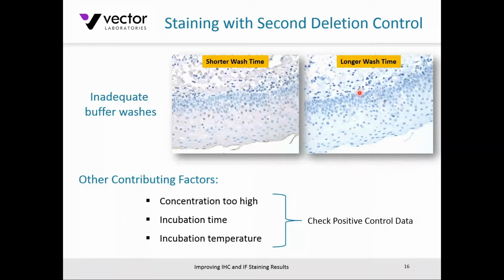It might clean up the background. Hopefully you can see that there's no given toning in this particular adjacent tissue section here. So just be aware of that. Some of the other contributing factors I mentioned, probably not going to factor in largely in most of these issues associated with a staining in a second deletion control, but just be aware of them anyway.